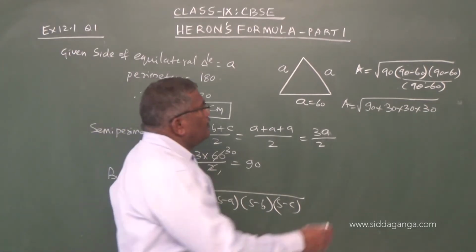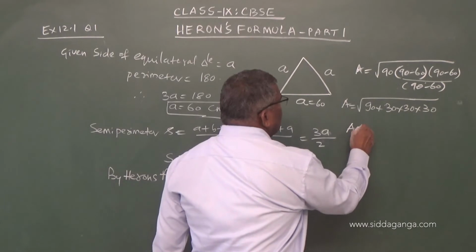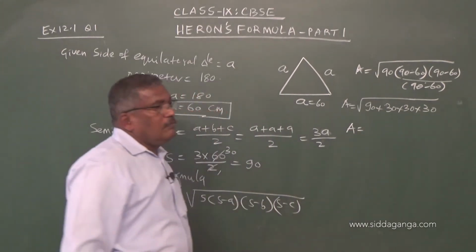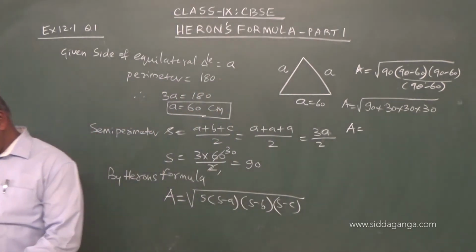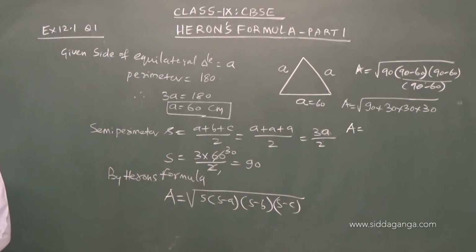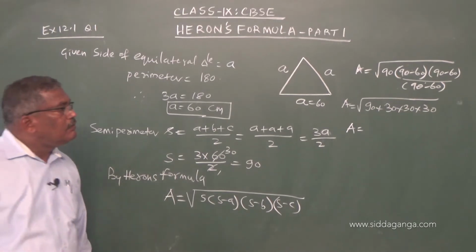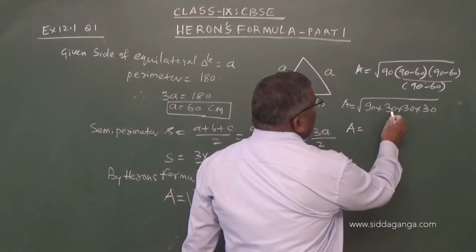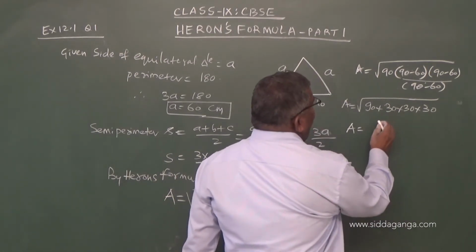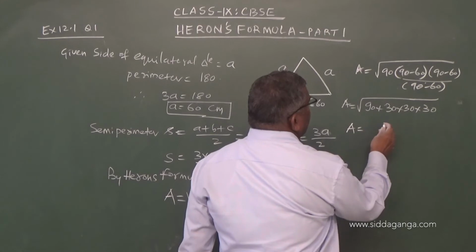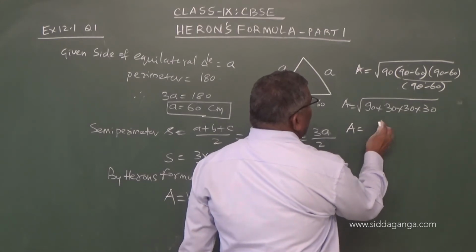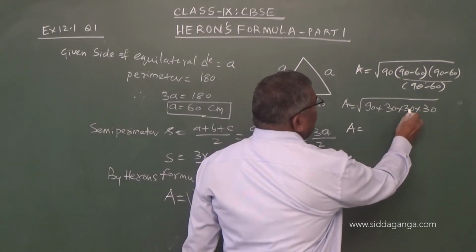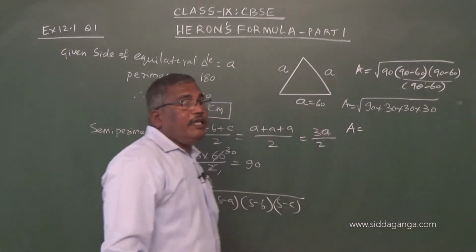Now this equals, area equals, we will get 90 into 30 into 30 into 30. How do we get all equal?